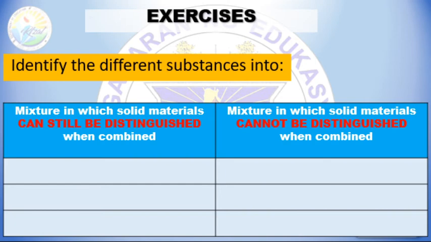Now I want you to identify the different substances into a mixture in which solid materials can still be distinguished when combined, and a mixture in which solid materials cannot be distinguished when combined. Okay, another 1 minute.